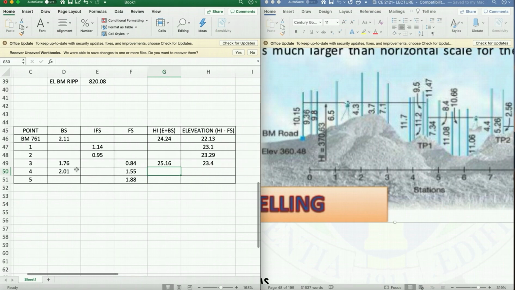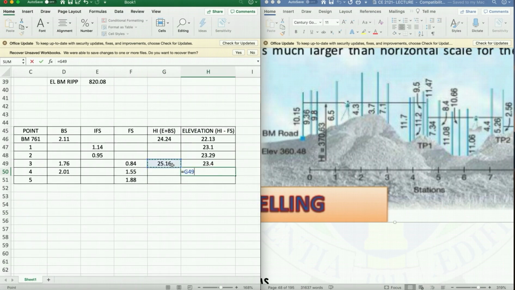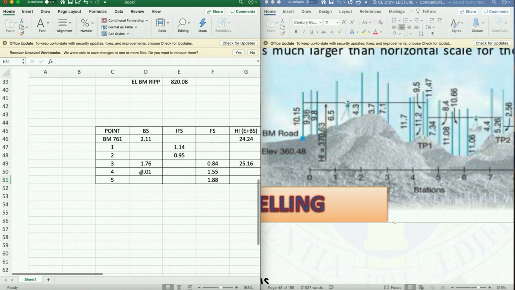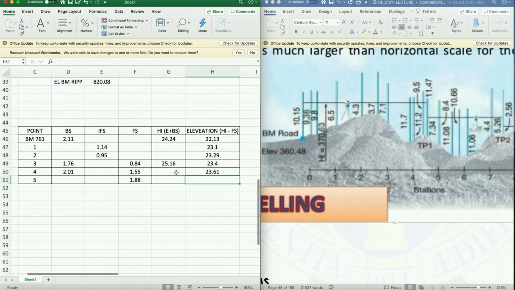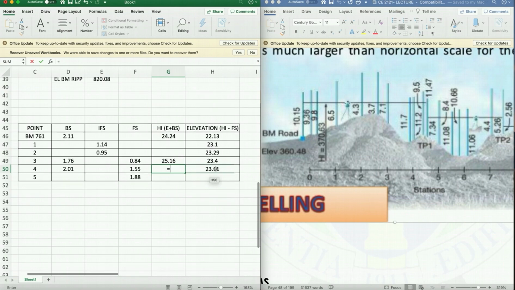Next would be for the fourth, we have here height of the instrument minus the foresight. Okay? And for the height of the instrument, that would become 23.61. 23.61, that is elevation plus the backside. Okay?